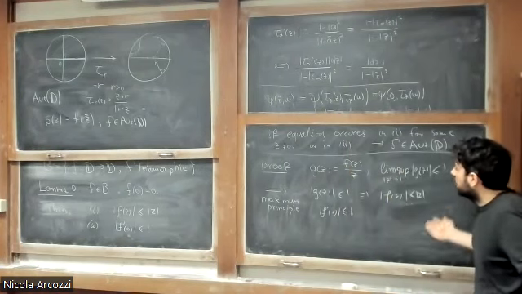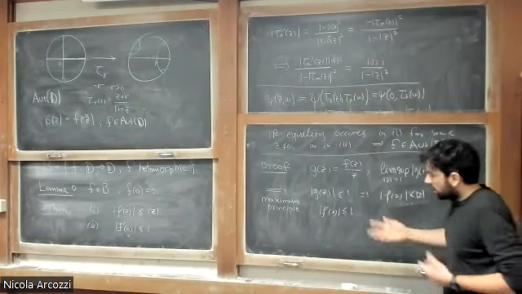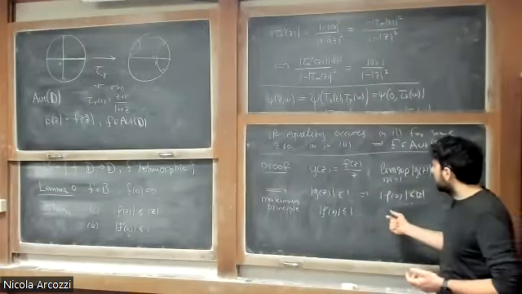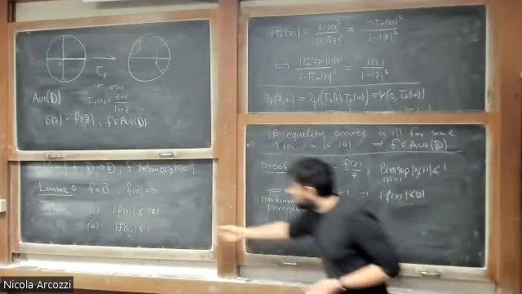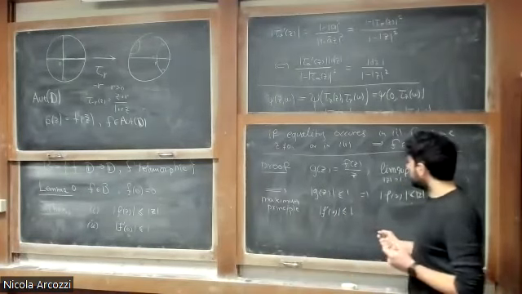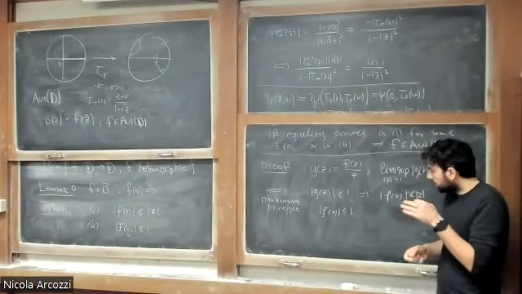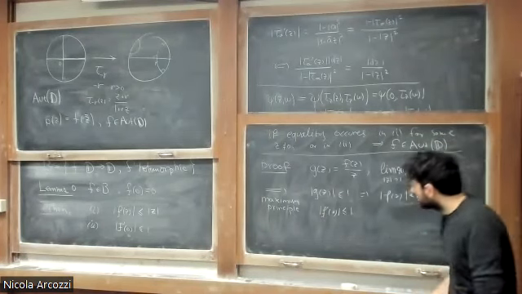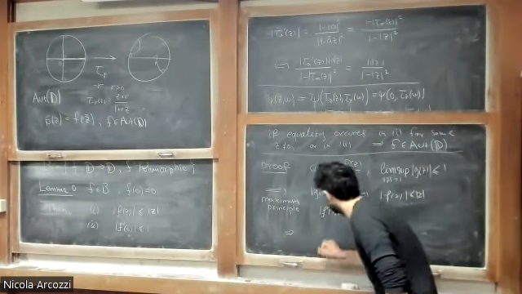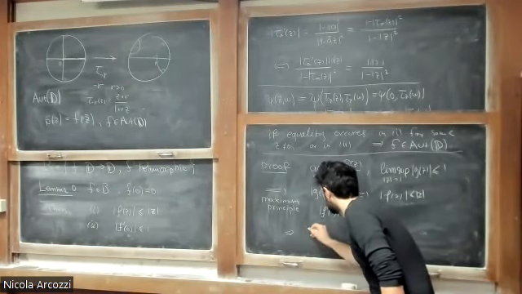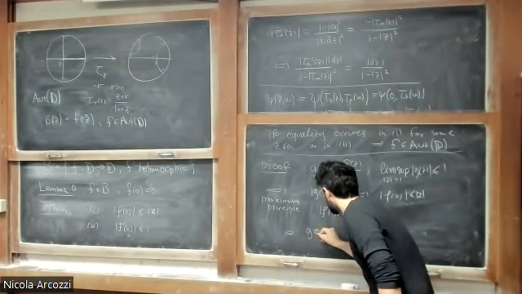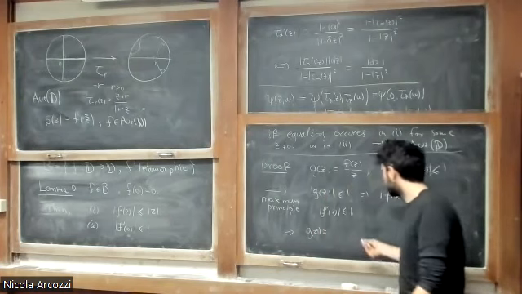In particular, by the strong maximum principle, if you have equality at some interior point, then g must be a constant, a constant of modulus 1.